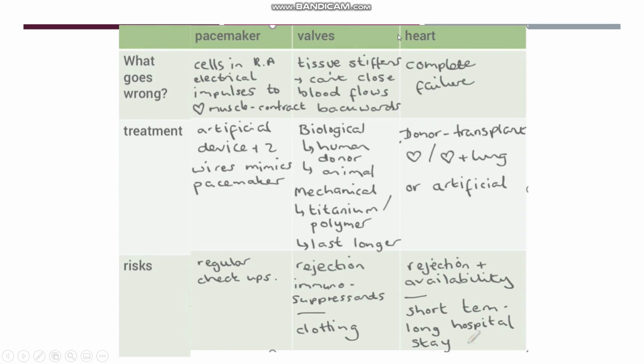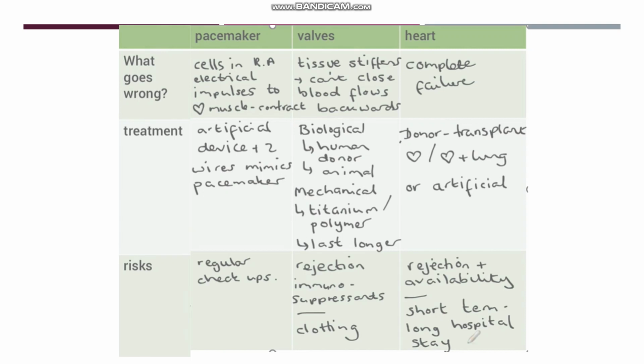Over here you can see three different types of things that can be used to treat diseases in the heart. There's a pacemaker, valves, and complete failure of the heart. For a pacemaker to be needed, what goes wrong is that the cells in the heart, usually located on the top right-hand side of the heart, that control the heartbeat, get uneven, so the heartbeat would start going uneven, and that would cause problems in the heart.